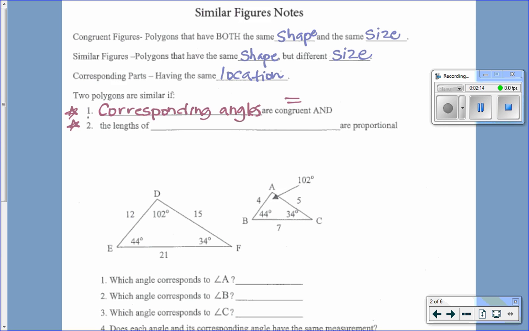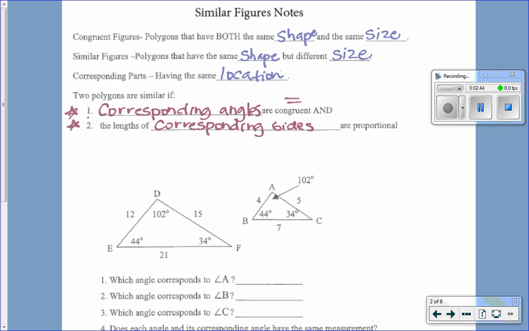Math word, okay? They have the same measure. We're good? The length of corresponding sides are proportional. So we're going to look at proportions in the next coming days and weeks.